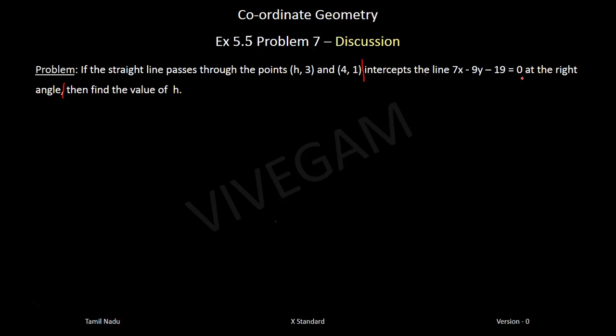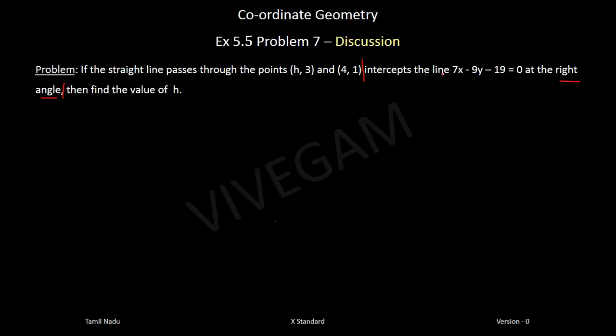With these two points we can find the slope of the line, right? You can find the slope using the two-point form, and for this line, m equal to minus coefficient of x divided by coefficient of y. But this straight line and this line are at right angles, which means the slope of this line into slope of this line will be equal to minus 1.